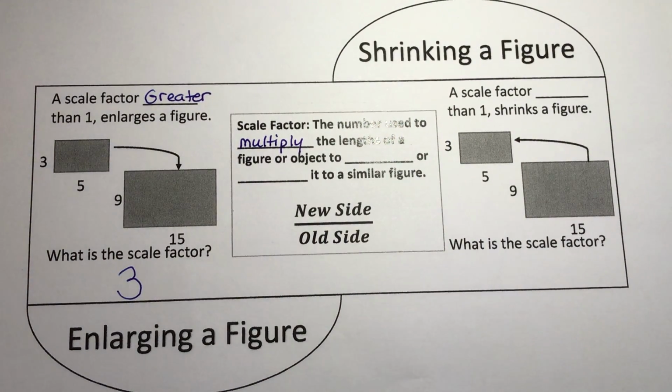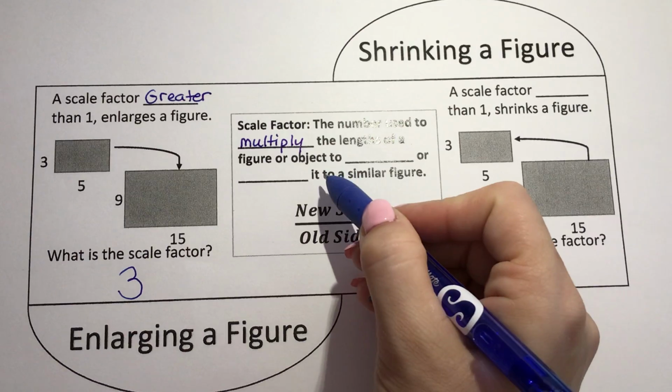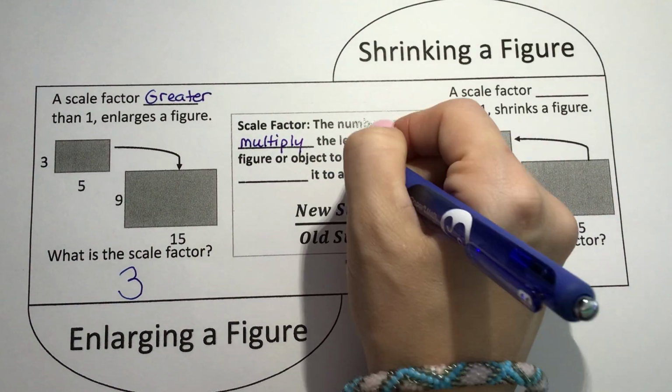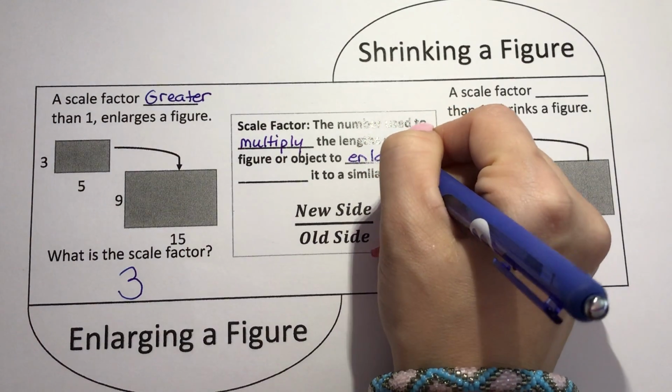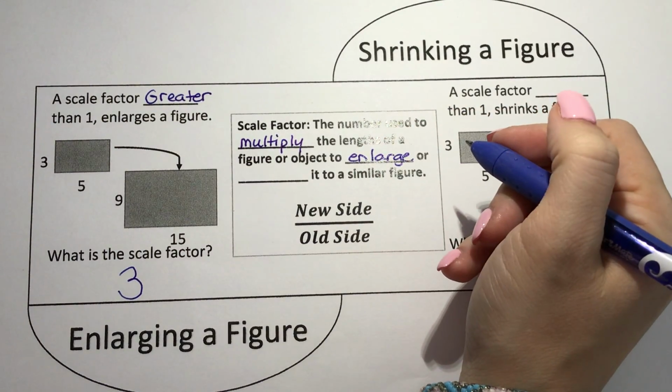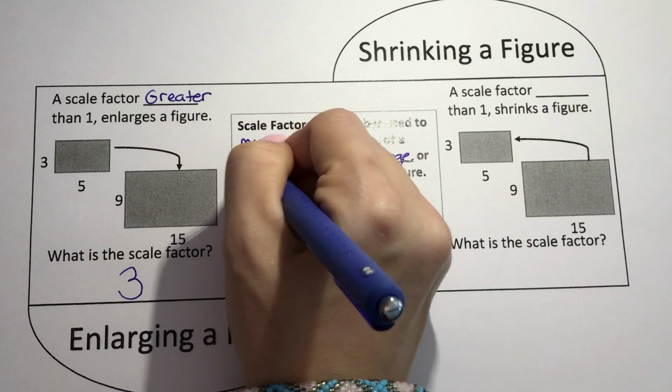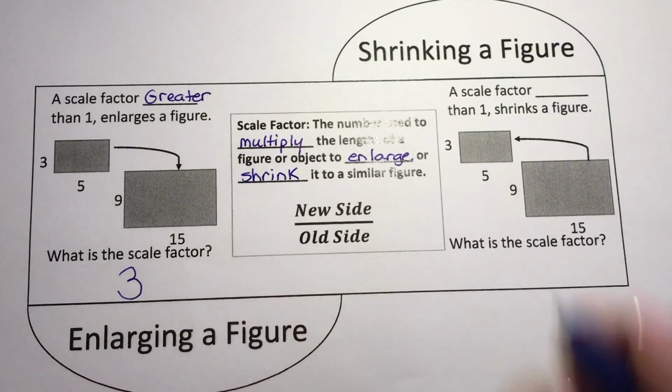So when we multiply it by a number, what's going to happen to the figure, the new copy? It's going to get bigger by whatever number you use. So we multiply it to enlarge or what? Shrink, yep. Decrease is still a right answer.